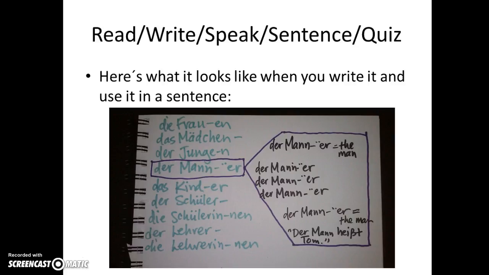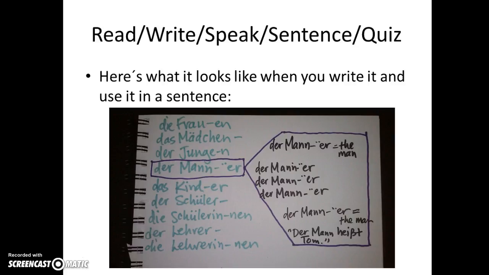So I wrote it out to the side, and I'm showing you that when you're doing this, you want to write the word at the top with its plural notation, as I did with the umlaut, and its English translation. You write the German or the target language word 3 times below it, write it again, and then use it in a sentence. So that's what it would look like if you were writing that down on paper.